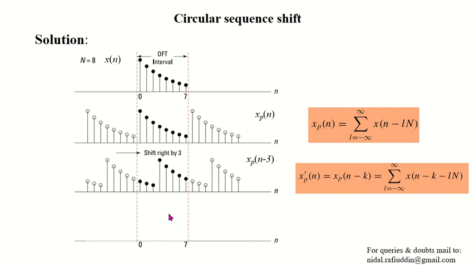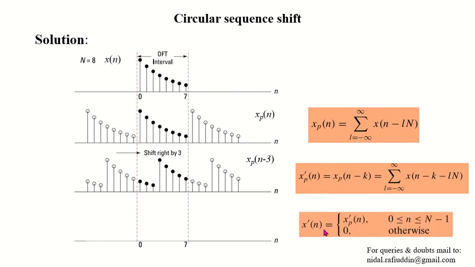Since it is given by the expression xp dash n for n between 0 to N minus 1, and N minus 1 is 7 here, we'll be interested in drawing the sequence xp dash n for 0 to 7, and taking it as 0 otherwise. And thus what we get is this particular sequence. So this is x dash n, the final sequence that we were interested in.